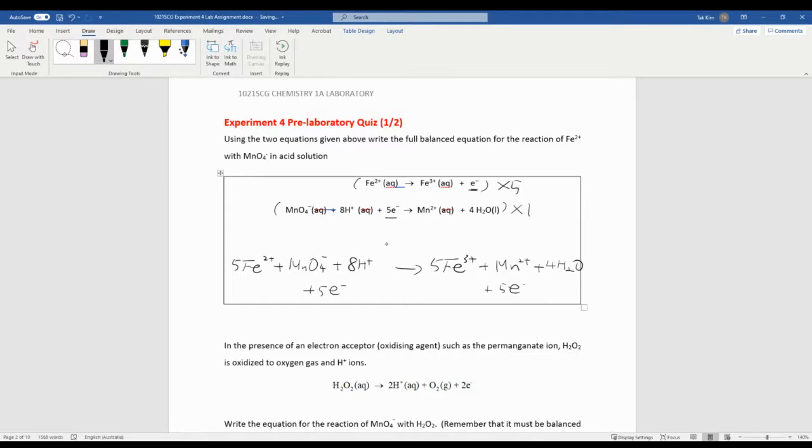When you look at the number of electrons, they have the same number on both sides, so we cancel them out, leaving your final fully balanced redox equation.